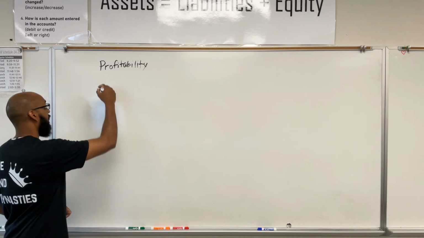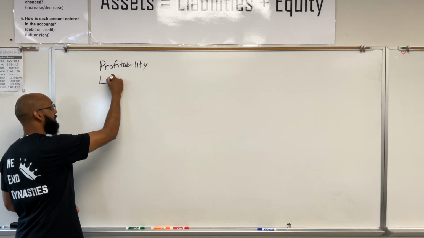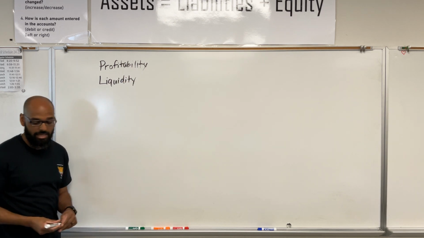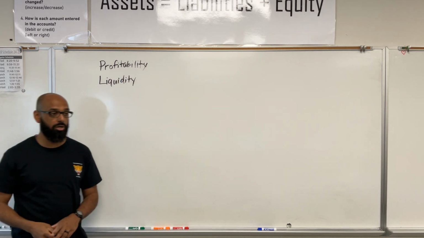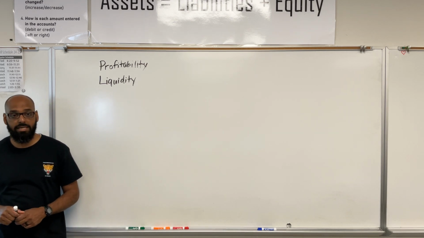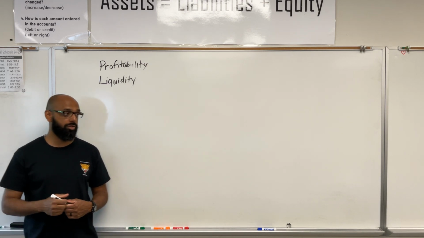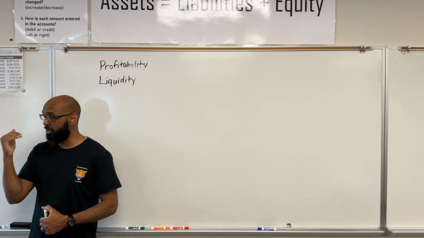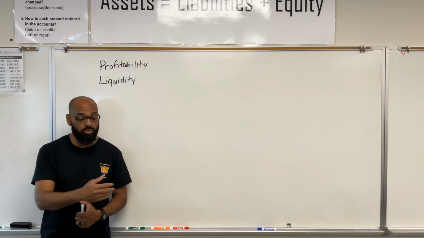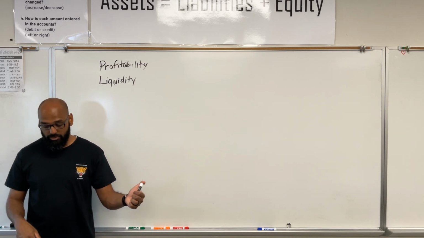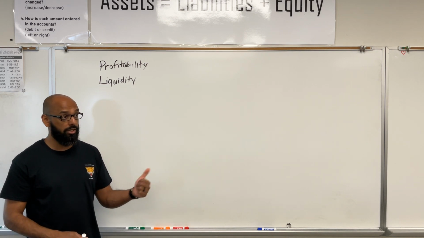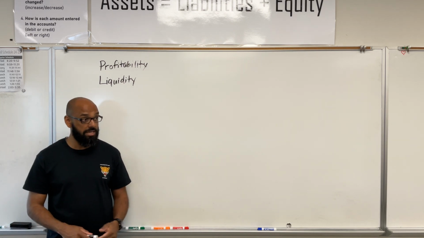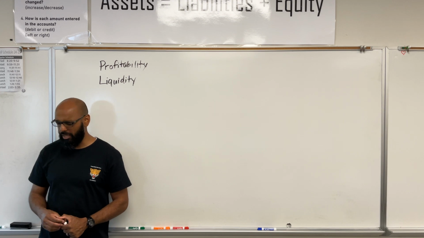We also wanted to look at liquidity. And liquidity is our ability to pay our short-term debts. And so remember, liquid assets are those that are cash or quickly converted to cash, right? And so when we talk about the quick ratio, we were just looking at cash and cash equivalents or things that could quickly be turned to cash, maybe accounts receivable.